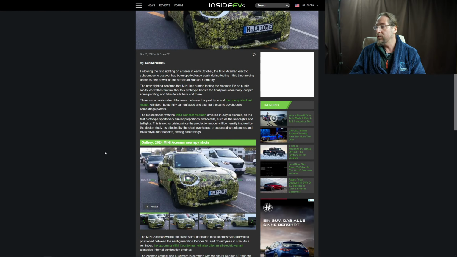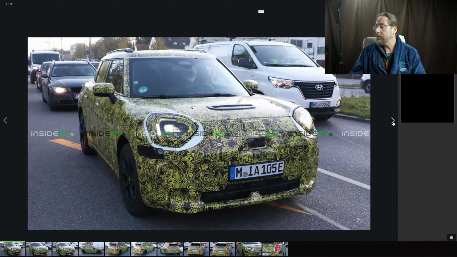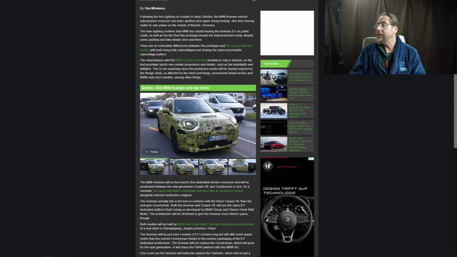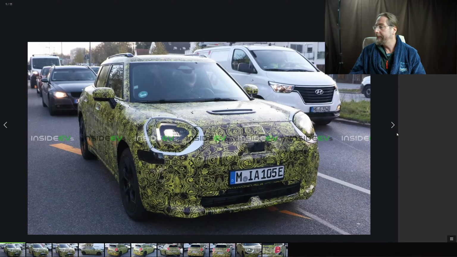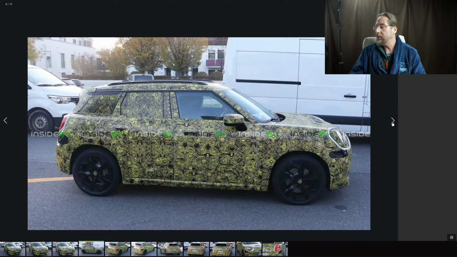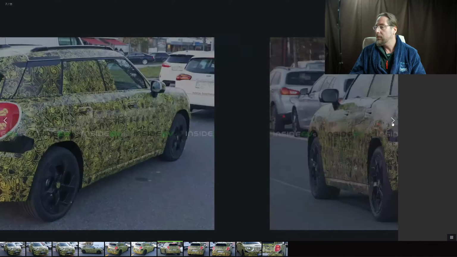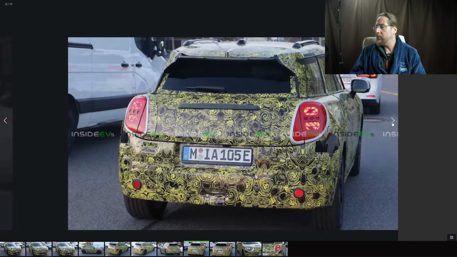Next is the car people have seen, the what was it? To go back, the Aceman, the Mini Aceman. And on the road testing, that's definitely electric. Look, it's just a bigger Mini Cooper, I guess.